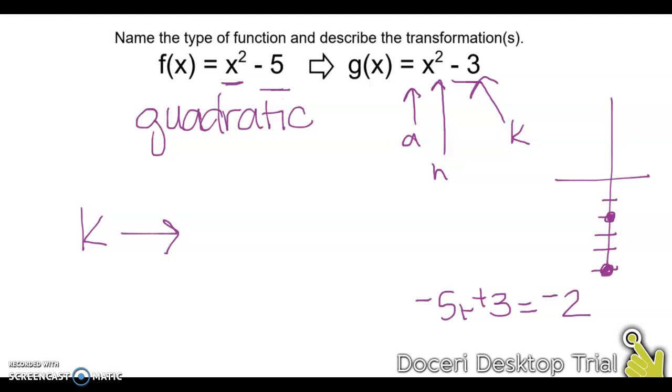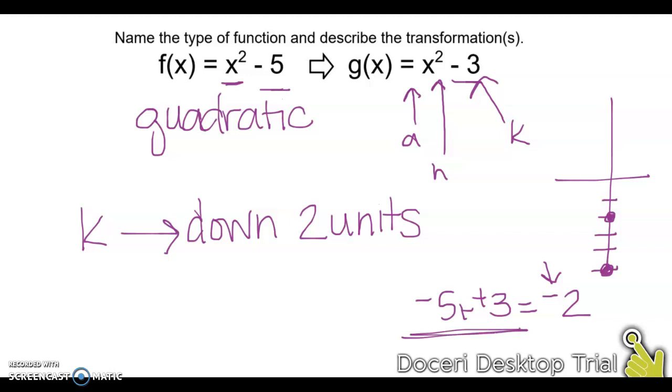The minus tells us that it goes down, so we moved it down 2 units. Take the difference from this k here to this k here. What is the difference?